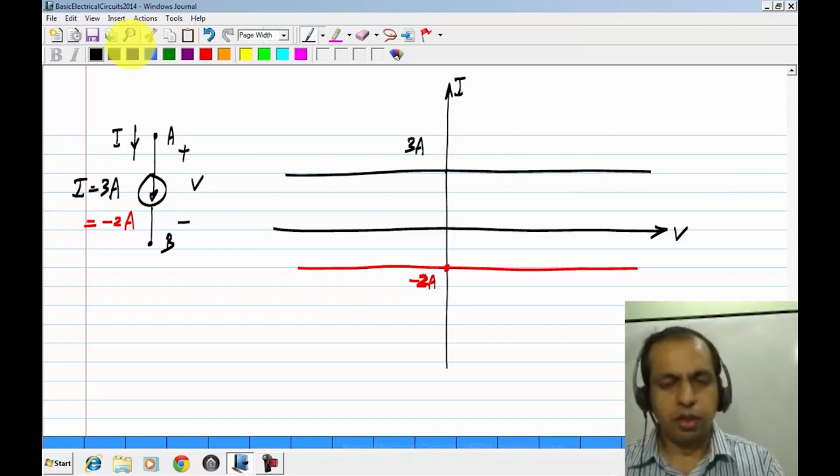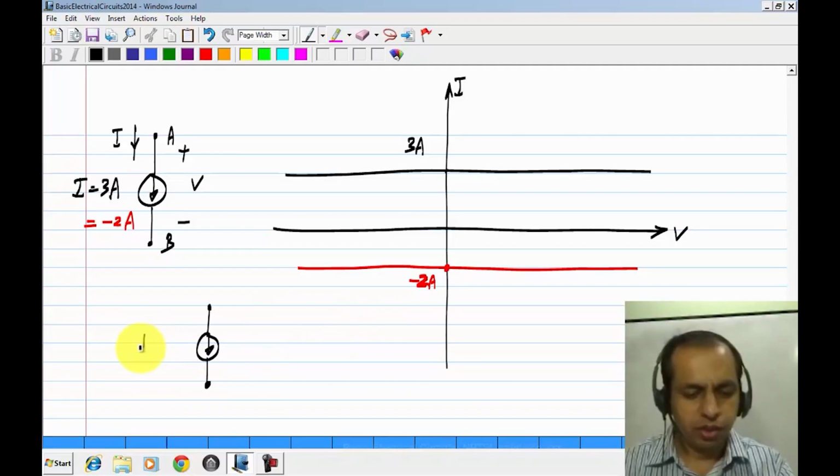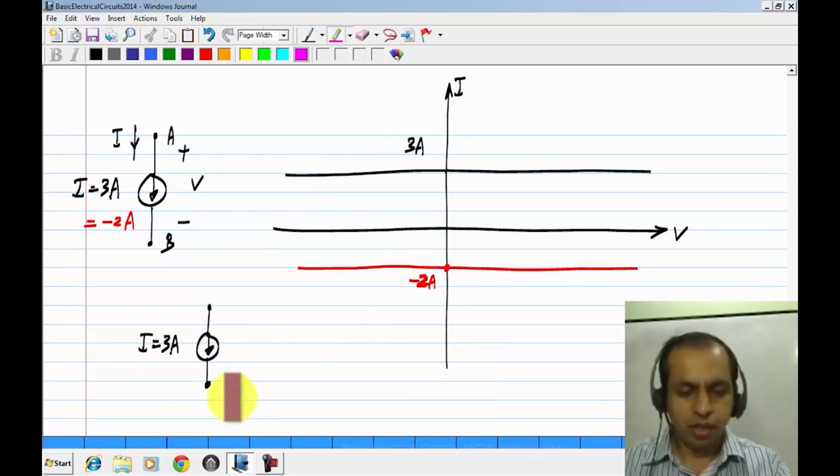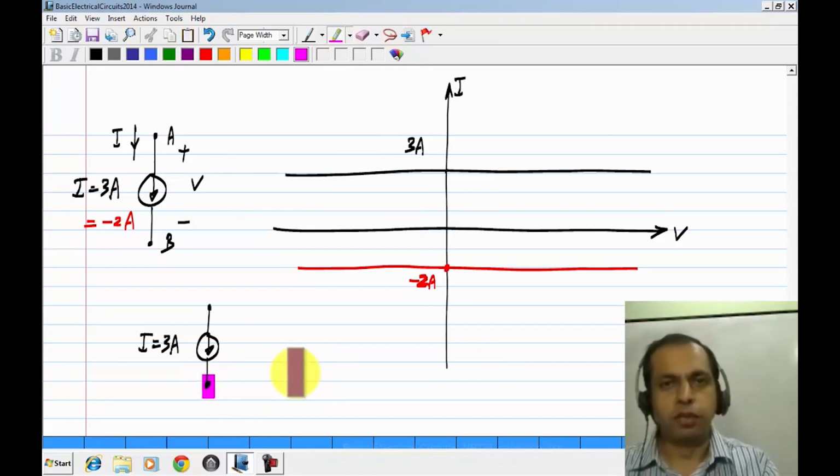Now, there is one subtle point that I want to bring up here. Technically it's not correct to draw a current source like this without anything connected to it, because let's say I take I equals 3 amperes, and if I take this particular node, there is nothing else connected to it, and we know that all the currents flowing into a node should obey Kirchhoff's current law.